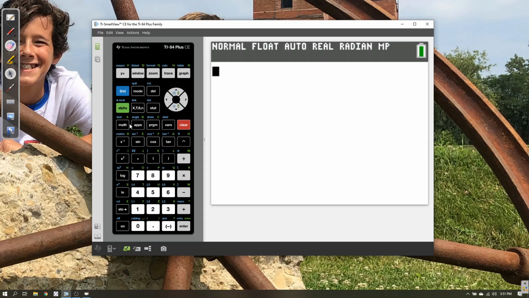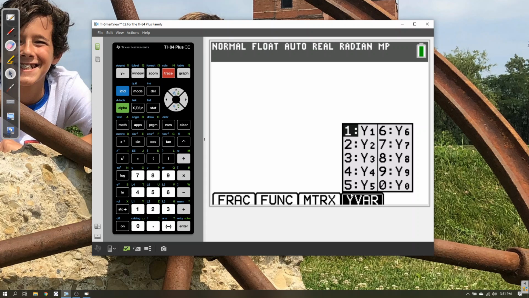And now what we can do is bring up the actual function itself and use regular function notation. So one way to do that, if you have the newer calculator, is the shortcut alpha, and then I believe it's F4. So you get these little tabs here, and this one here is the y variables.